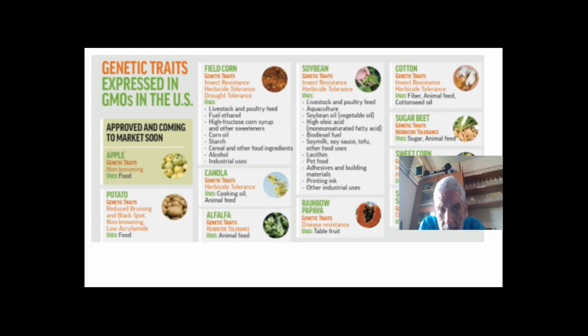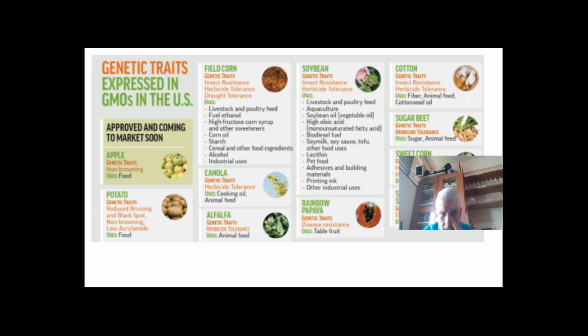You have field corn. You have insect resistance, herbicide tolerance, and drought tolerance. And the same thing, well, canola you just have herbicide tolerance. Alfalfa, herbicide tolerance. Soybeans, insect resistance and herbicide tolerance. Papaya, which are disease resistant. And cotton, insect resistant or herbicide tolerant.